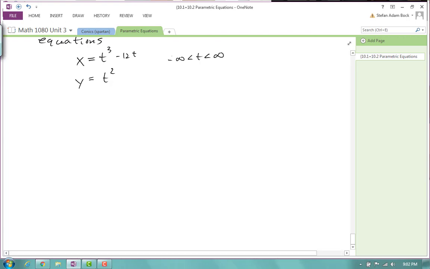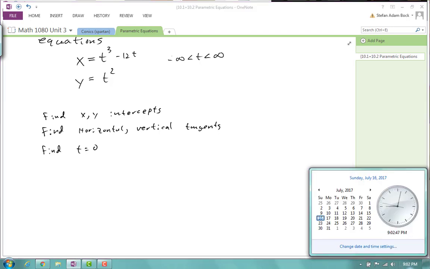I want to find some x and y intercepts. I'd like to find some horizontal and vertical tangents. And I'd maybe like to determine, I'm going to include t equals 0 here just because I'd like to know where I'm starting.